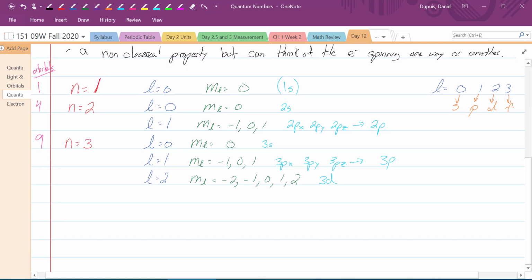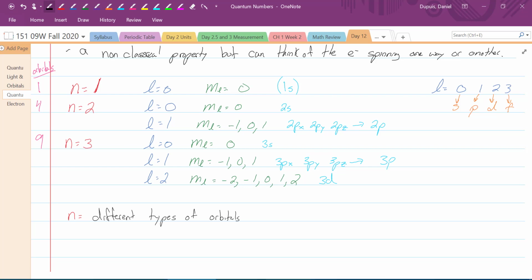N equals the different types of orbitals. So if n is 1, I only have one orbital. If n is 2, I have two types of orbitals. 3 types, 4 types.